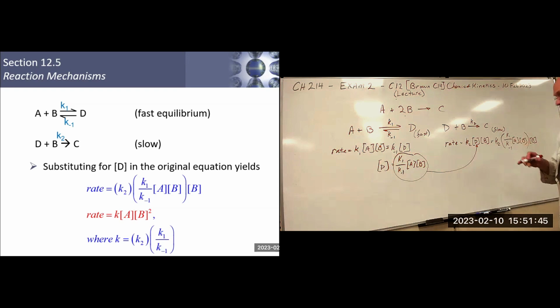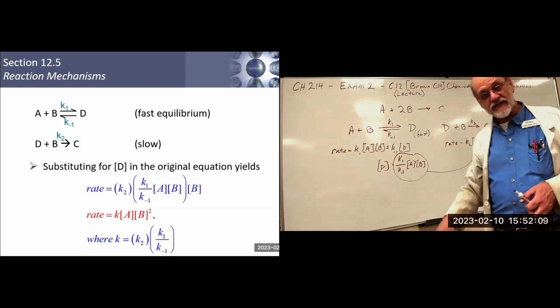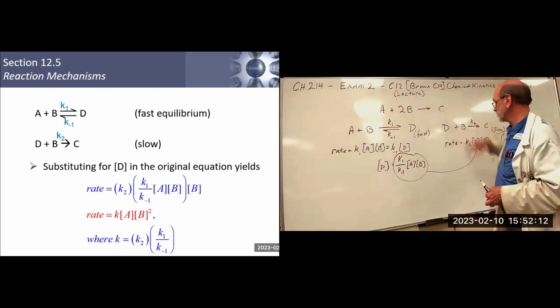So what do we got? Well, we can factor out these constants. If they truly are constants, then we combine all of these constants into a single rate constant right here. And then that leaves us with A to the first power and B to the second power. So that's our rate law for this equation.